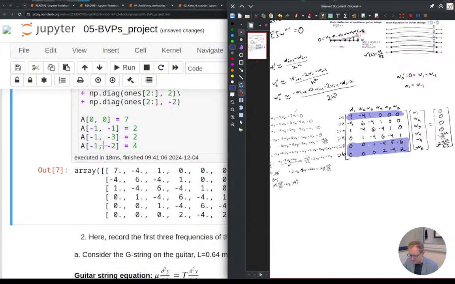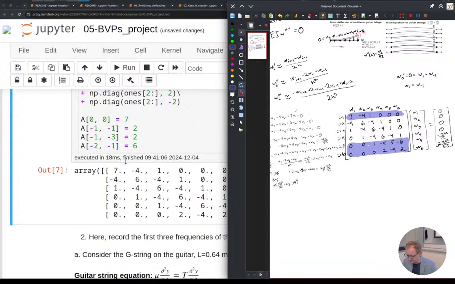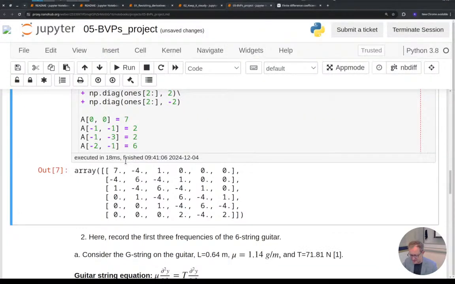Oh, so that one was fine. Oh, we want row -2 and column -1. That one's supposed to be positive 6 or negative 6.